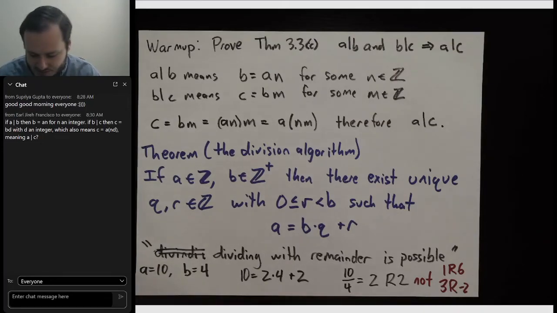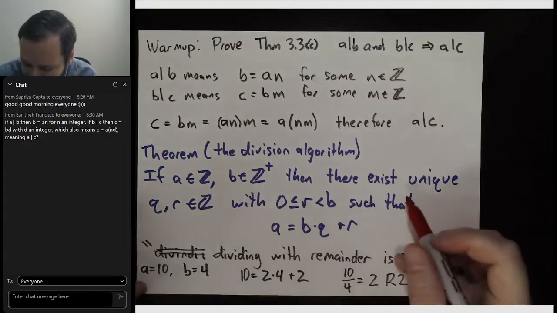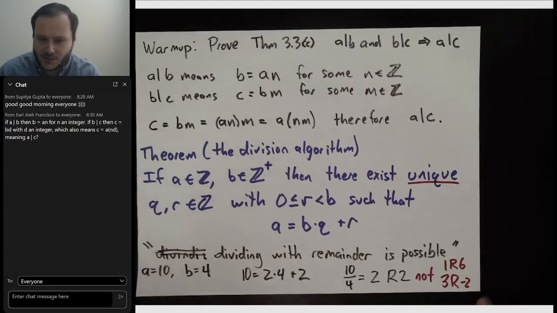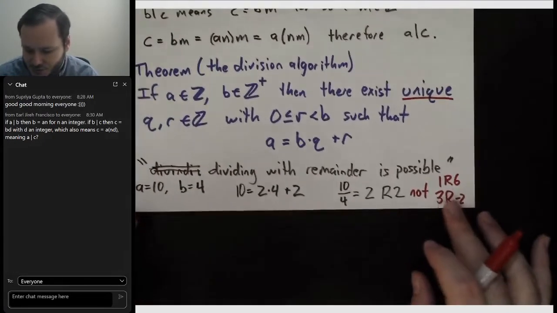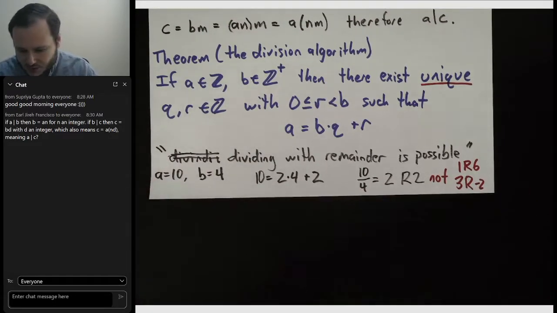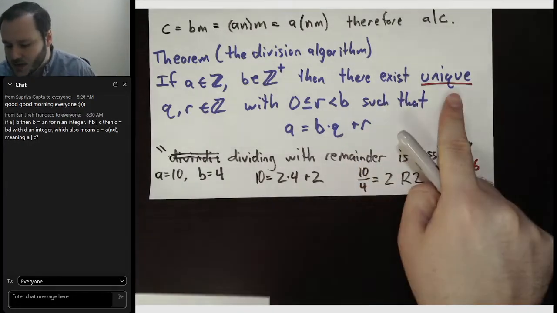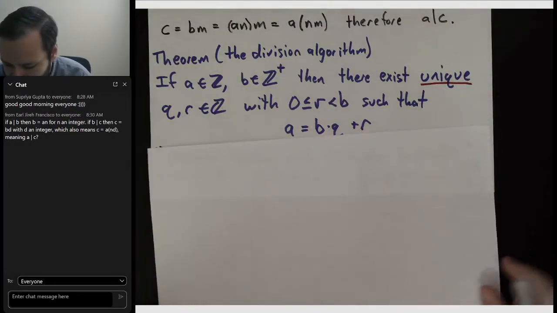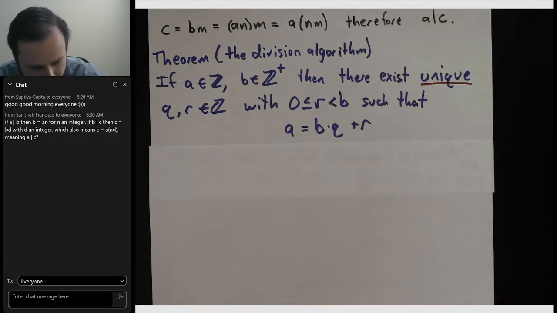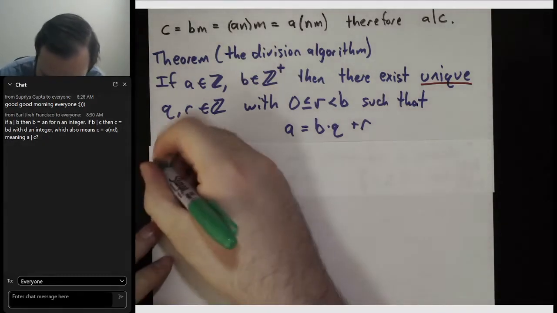We're going to prove this. And this is the first time we're proving a statement about unique values, which is why I want to do this proof. So when proving something about there existing unique values, we're going to do it in 2 steps.